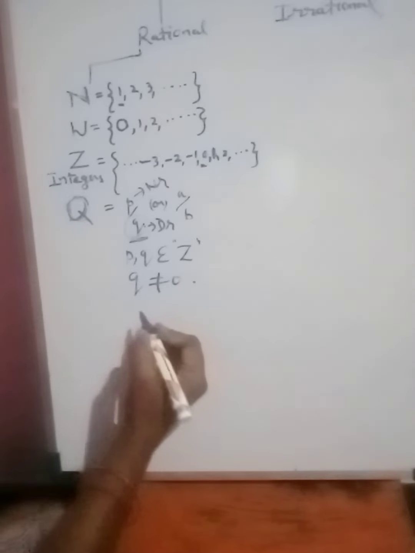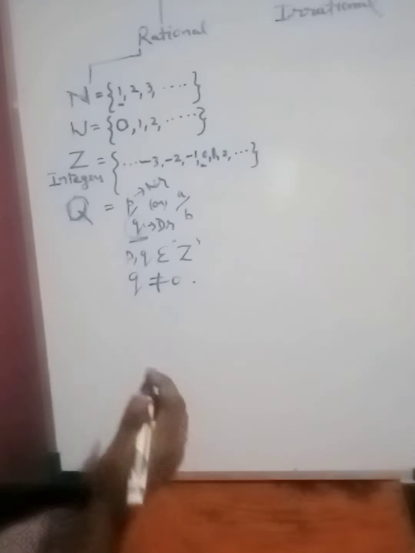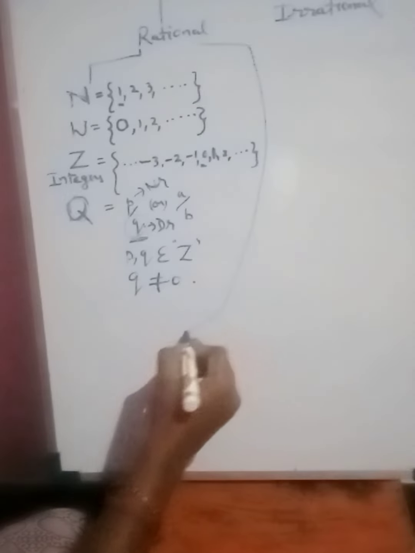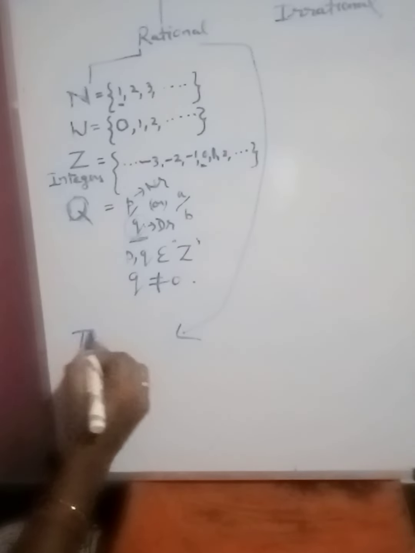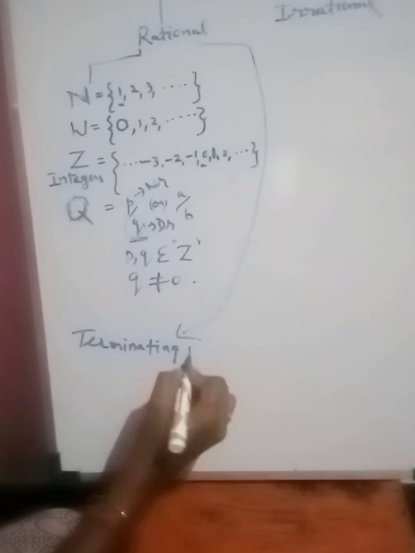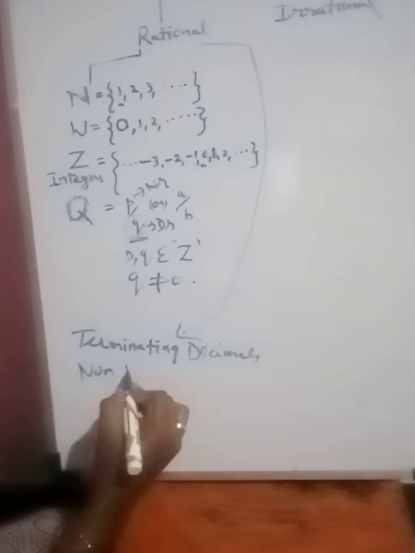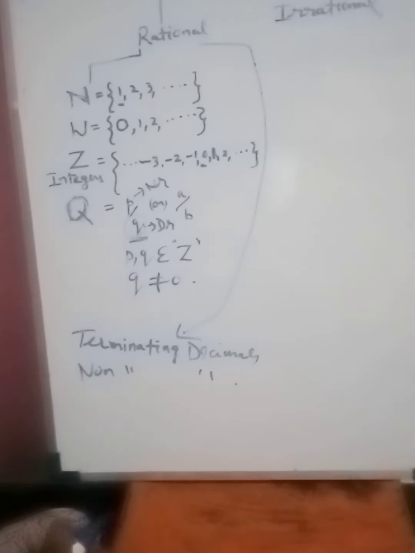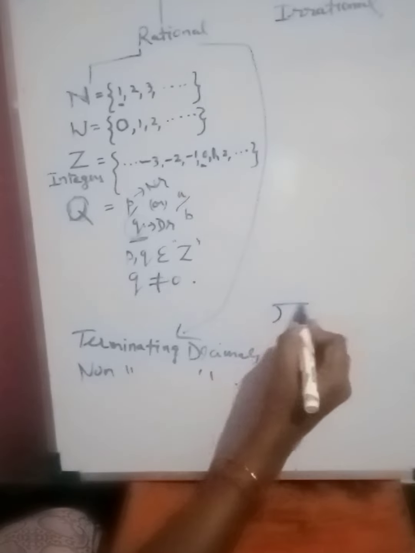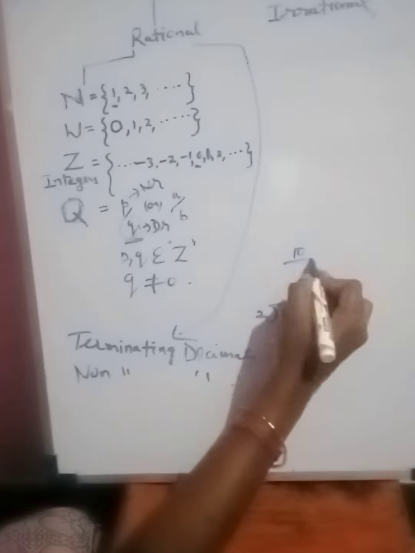Next, irrational numbers. To define irrational numbers, we have to explain rational numbers in two other forms: terminating decimals and non-terminating decimals. What are terminating decimals? For example, the number 10 we are dividing by 2, that is 10 by 2.